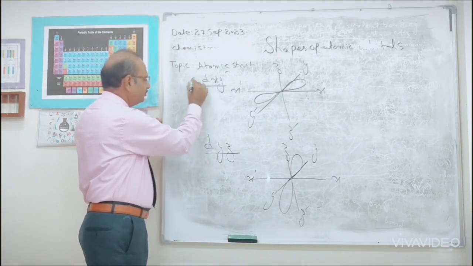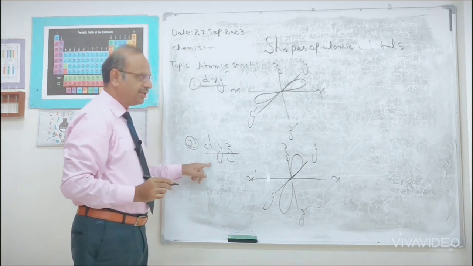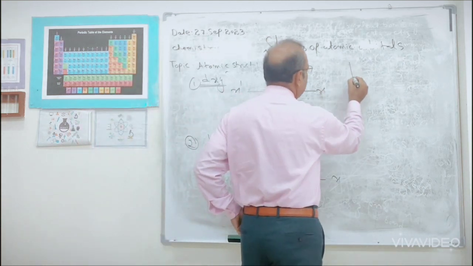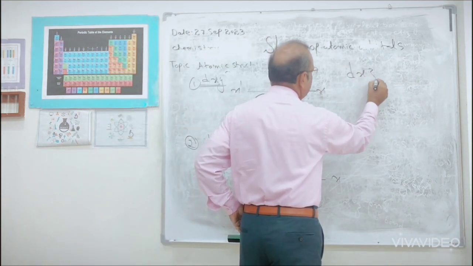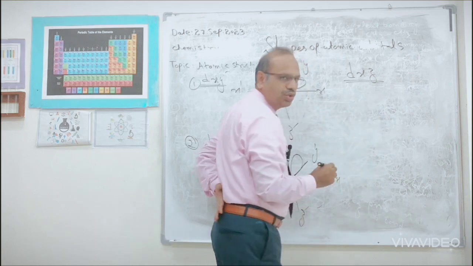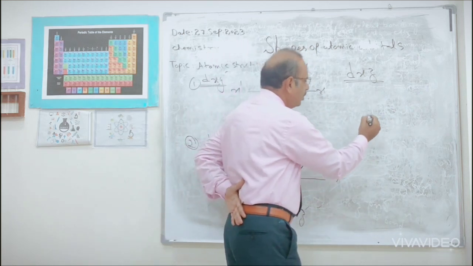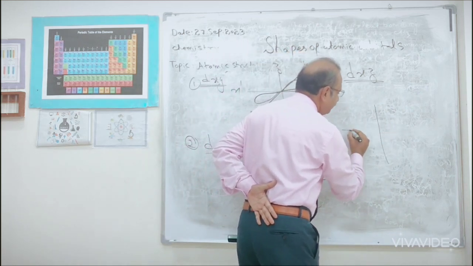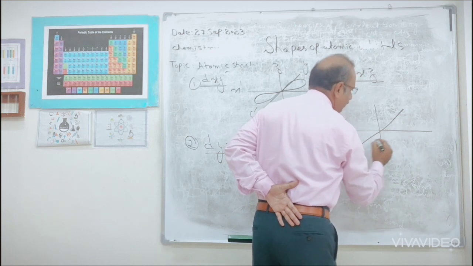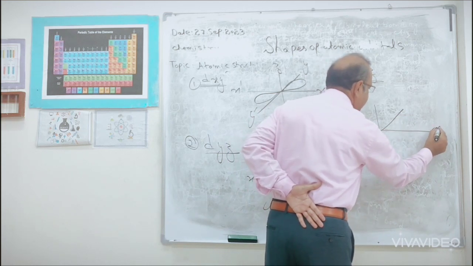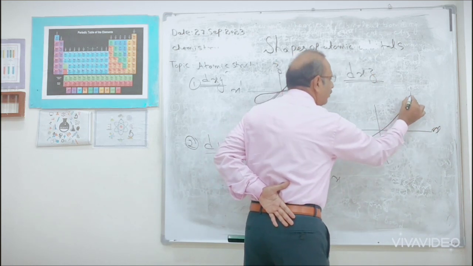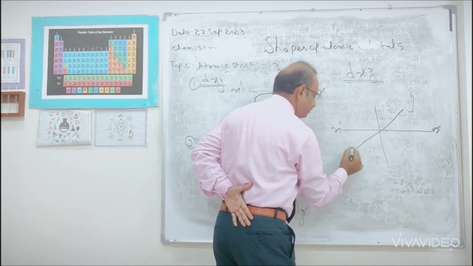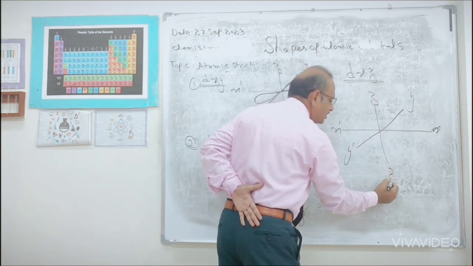So that is one, and it is the second. Another can be dxz. To show dxz, we draw again the x-axis, y-axis, and z-axis.